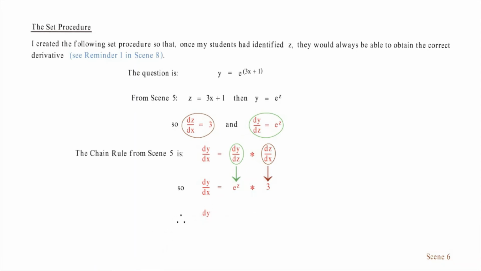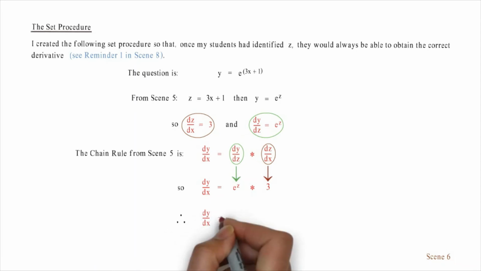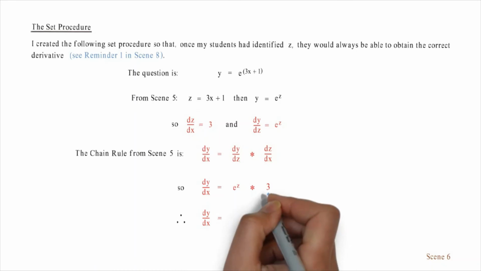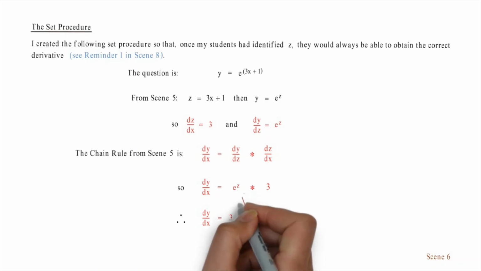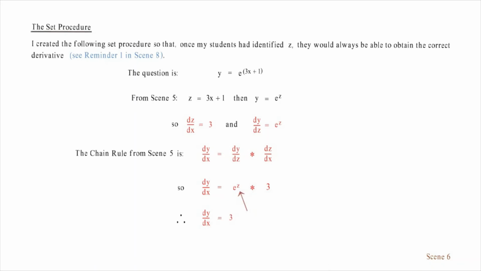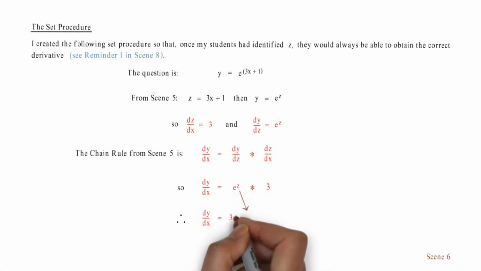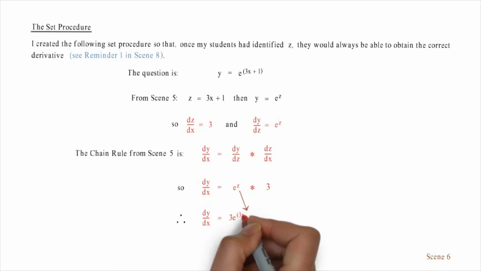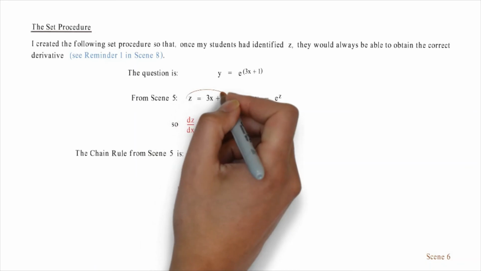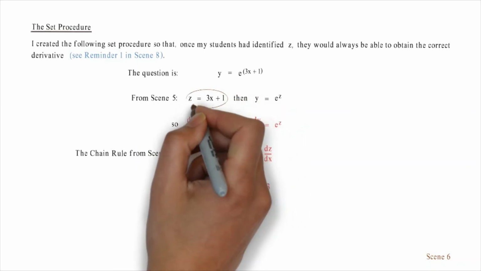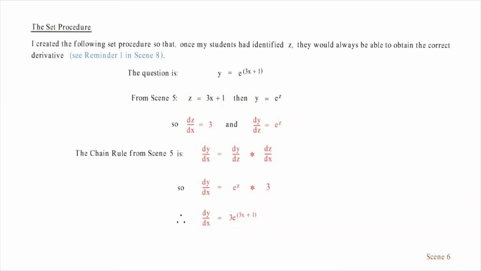Therefore, dy by dx equals, move 3 to the front, 3. Now replace e to the z with e to the 3x plus 1, because z equals 3x plus 1.